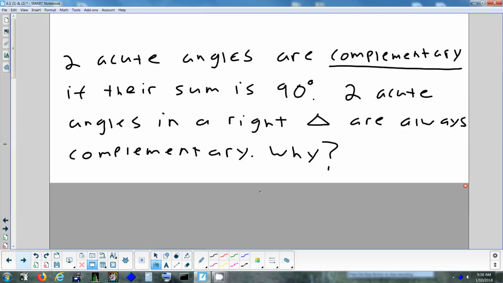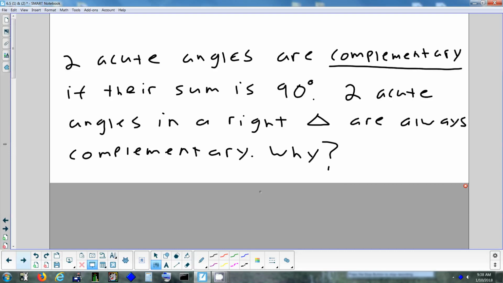So I'm going to argue that the 2 acute angles in a right triangle are always complementary. Why? Why do the 2 small angles in a right triangle always have to be complementary? Because if there's already a 90-degree angle in a right triangle, the other two have to add up to 90 because a triangle has 180 degrees.